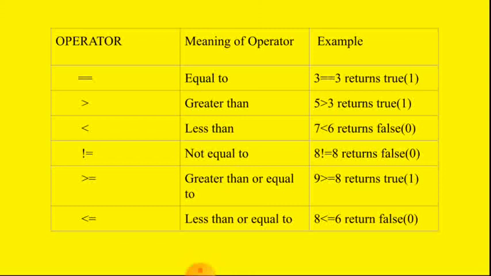So it returns true. That is 1. 8 less than or equal to 6. Is 8 less than or equal to 6? No, 8 is not less than or equal to 6. So it returns false. That is 0. These are some of the relational operators.